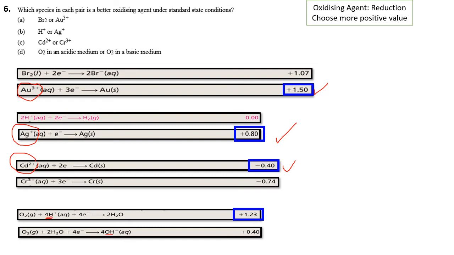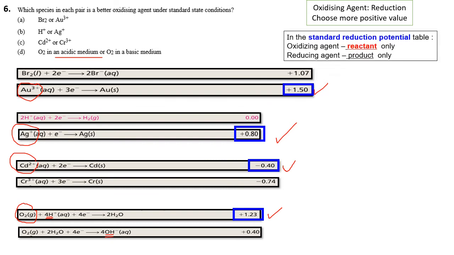This one is basic medium. If we check the value, acidic medium has the more positive value. So in this case, oxygen in acidic medium is the better oxidizing agent. Clear?